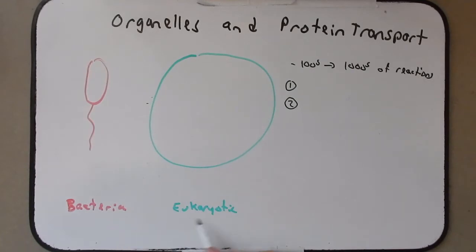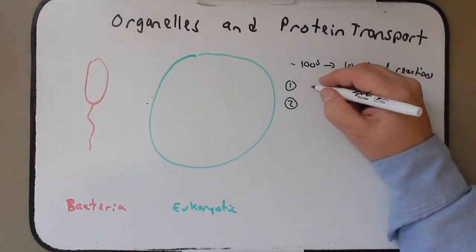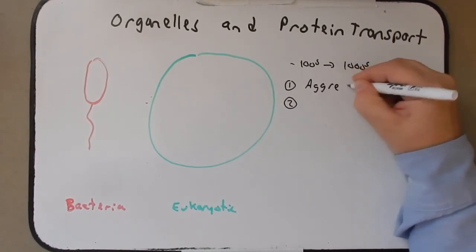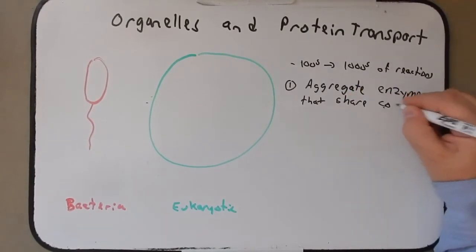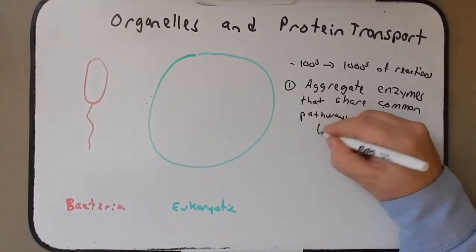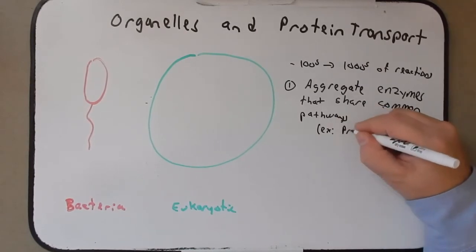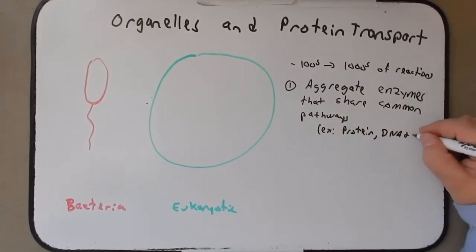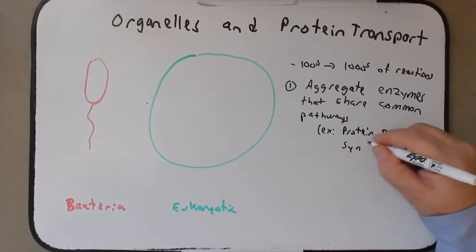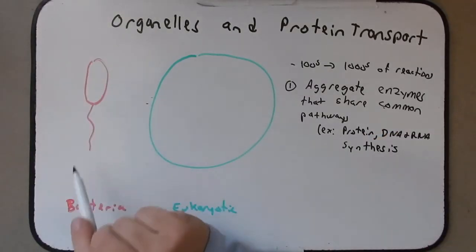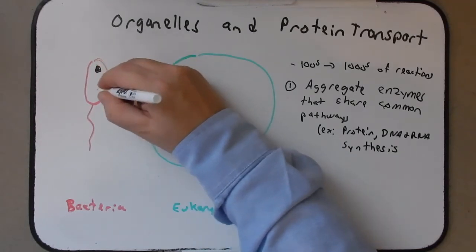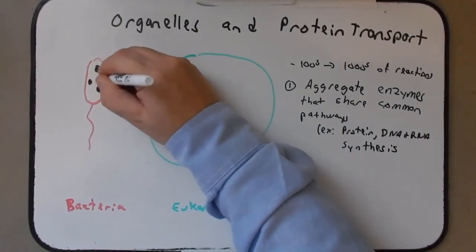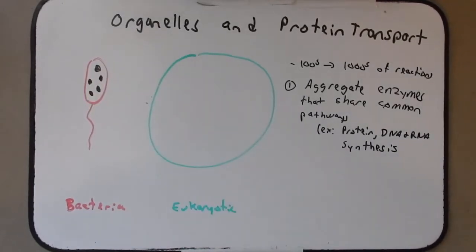Now both bacteria and eukaryotes will use this first strategy, and that is they will aggregate enzymes that share common pathways. We can think of some examples: protein, DNA, and RNA synthesis. Even though bacteria don't have specialized compartments, they will have regions within the cytoplasm where certain enzymes are aggregated to carry out specific functions.